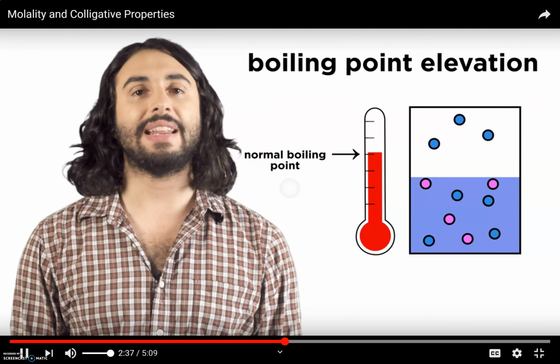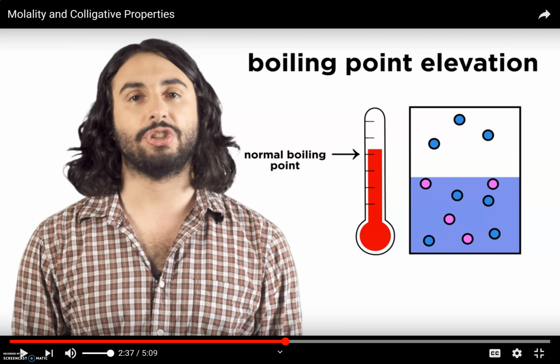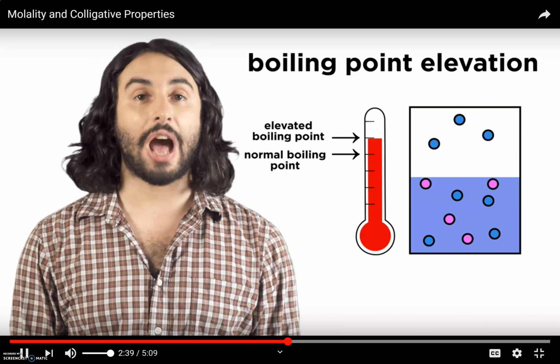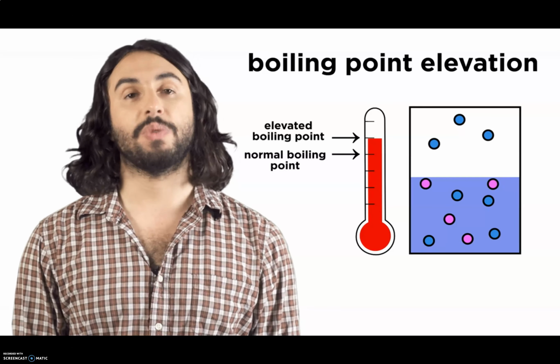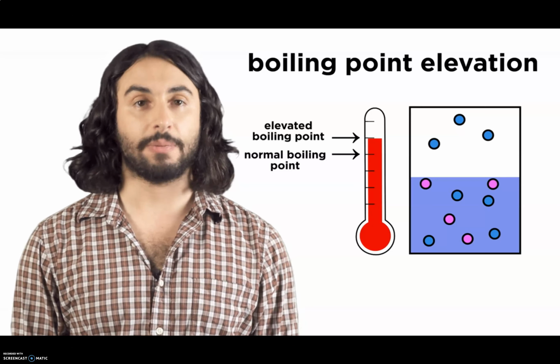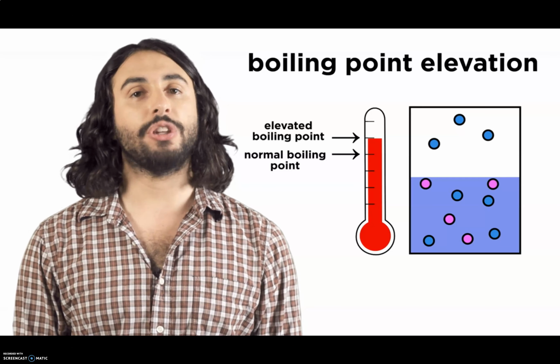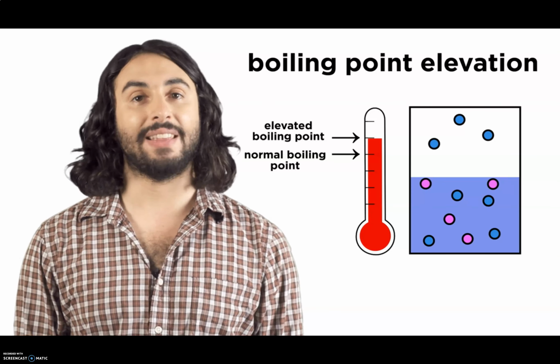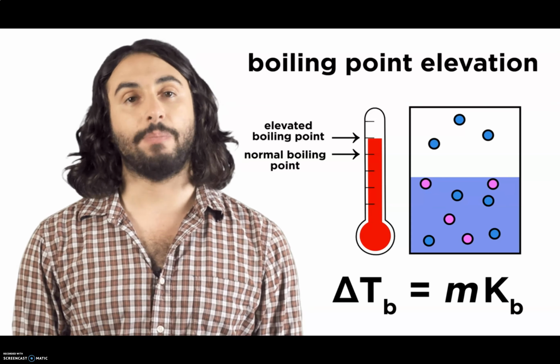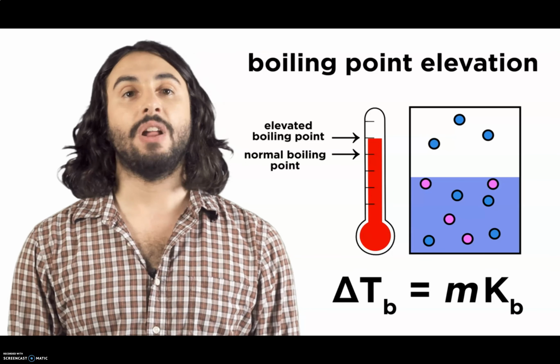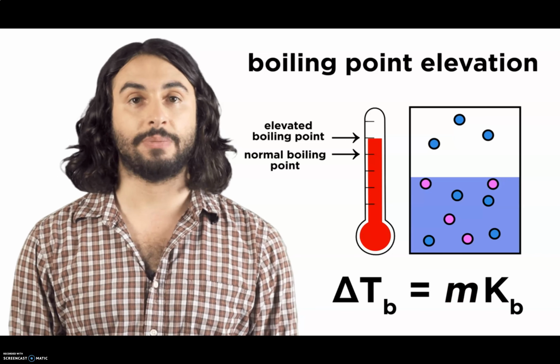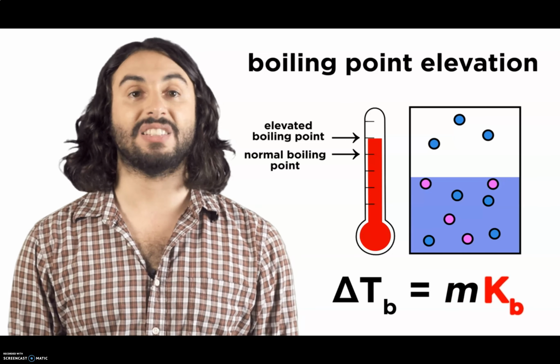This means more heat energy will be needed to compensate for this activity, which results in an elevated boiling point. The more solute there is, the more dramatic the effect. So the change in boiling point is given by the molality of the solution times a constant that is specific to the solvent.